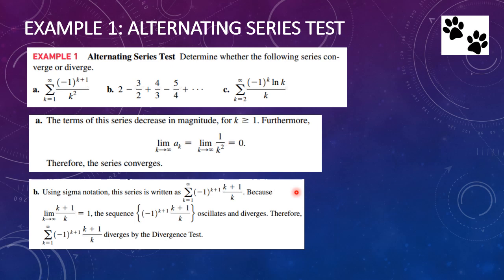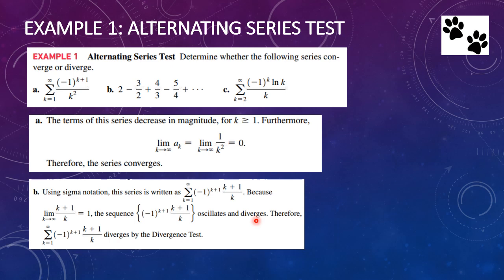Because the limit as k goes to infinity of k plus 1 over k equals 1, this sequence, I'm not going to go through that again, oscillates and diverges. Remember, it has those two conditions. They have to be decreasing in nature, and the limit as k goes to infinity of a sub k equals 0. And so this series diverges by the divergence test.